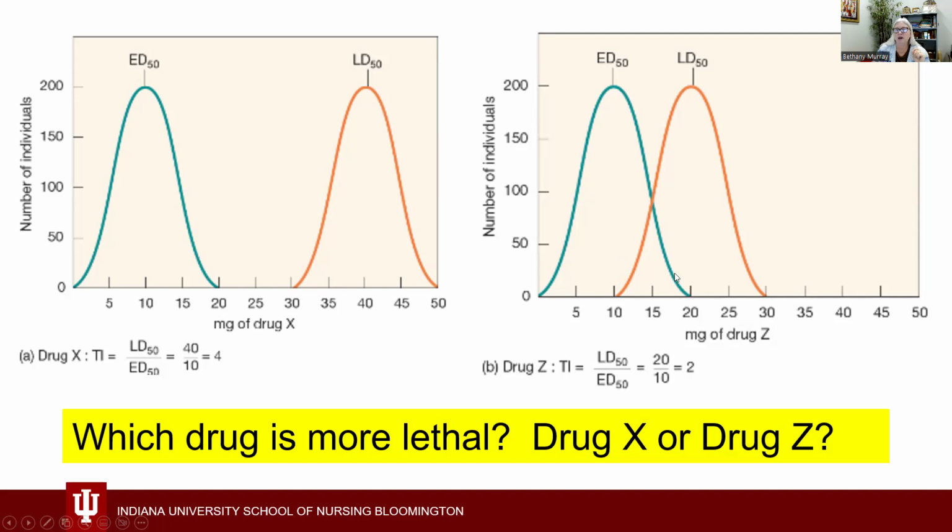However, in this drug trial, where all the points are plotted on this graph, research participants receive an effective dose that also crosses into the lethal dose territory. Okay, so there's two ways to look at this, and we can clearly see then that drug Z is significantly more dangerous than drug X.